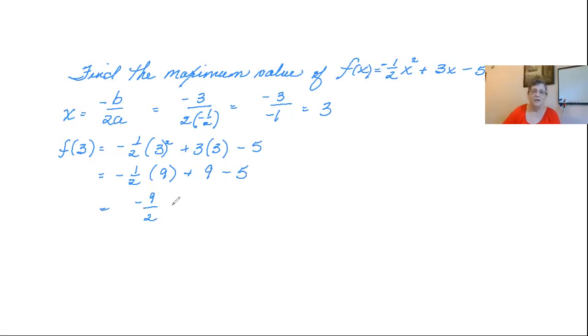Positive 9 minus 5 would be a positive 4. Well, that's 4 over 1. I can get a common denominator by multiplying by 2. So we've got negative 9/2 plus 8/2 would be negative 1/2. So the maximum is negative 1/2.